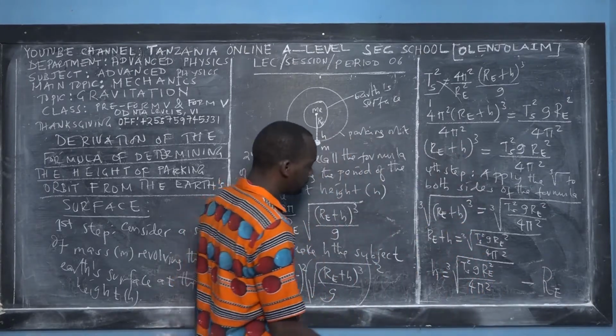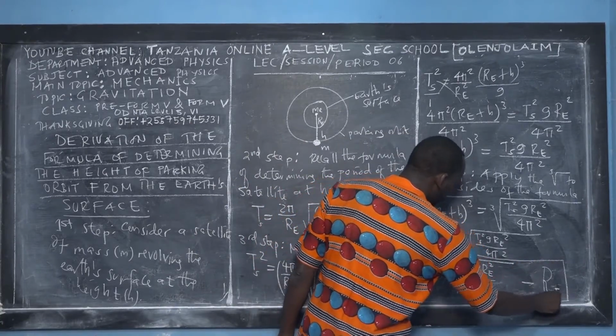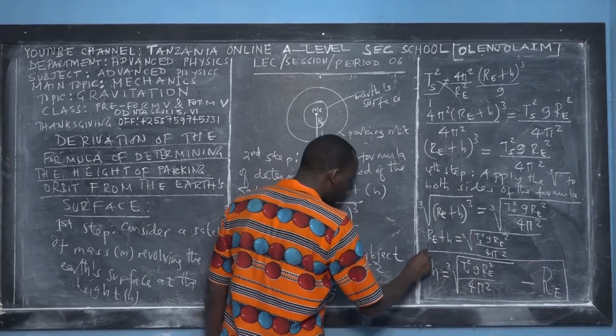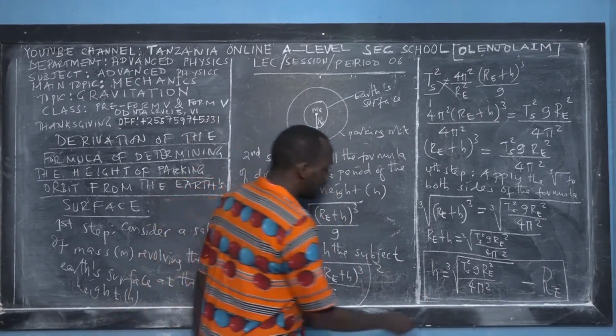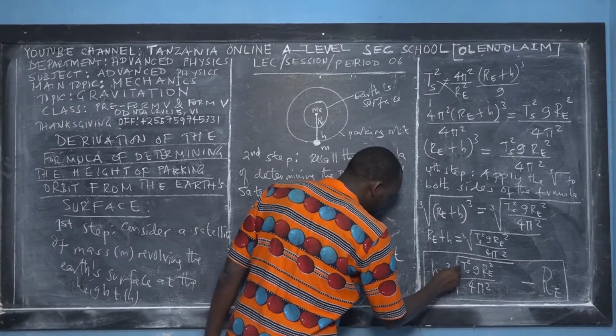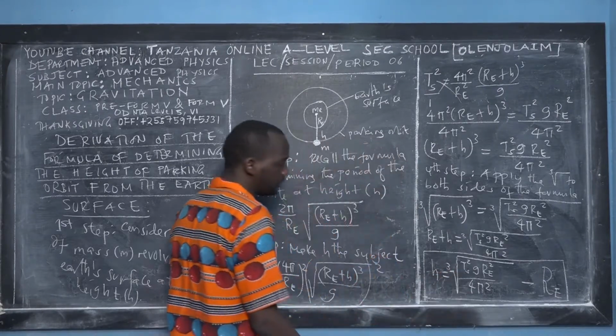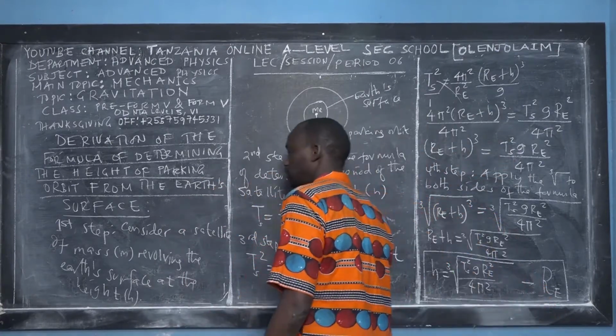Okay, so this is the final formula that will help us to determine the height of the parking orbit. Remember that this is the cube root, not the square root. All of these are constants.